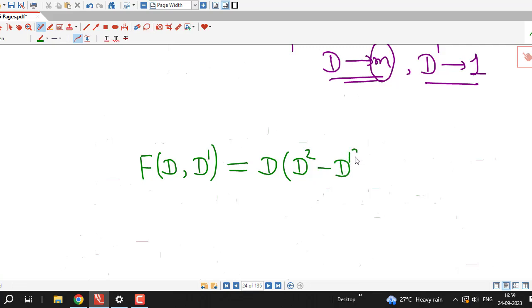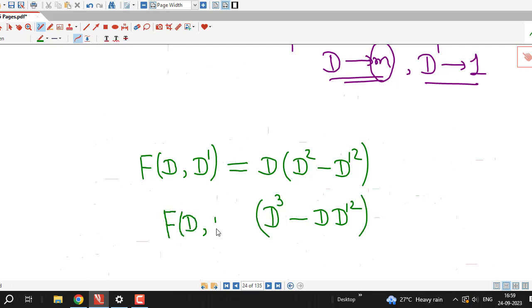Suppose my function of D and D dash is like this, or it can be in this form, where we can take this D common, D times D dash square.